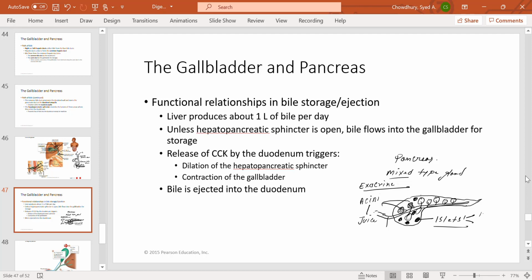They release insulin and glucagon, these two hormones. This one lowers the blood sugar, you know, diabetic patient takes this, and glucagon does just the opposite, increases the blood sugar. So the endocrine part, islets, is not responsible for digestion, responsible for sugar regulation in the blood.